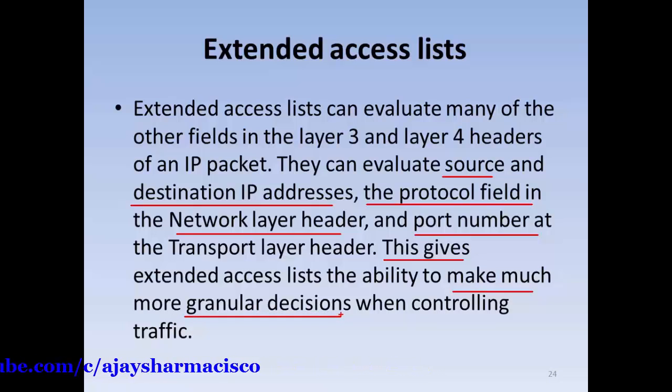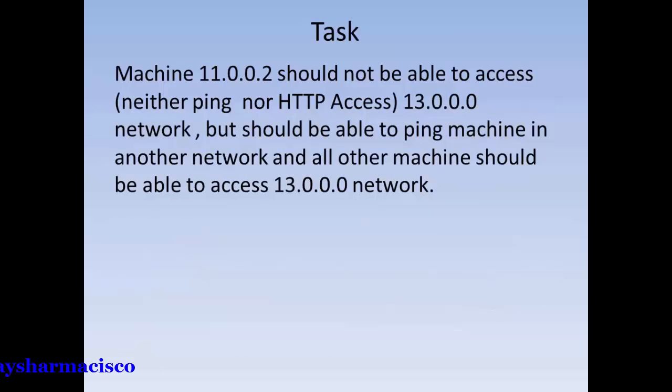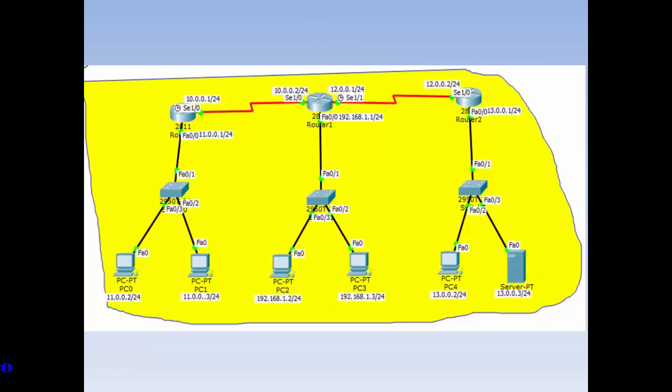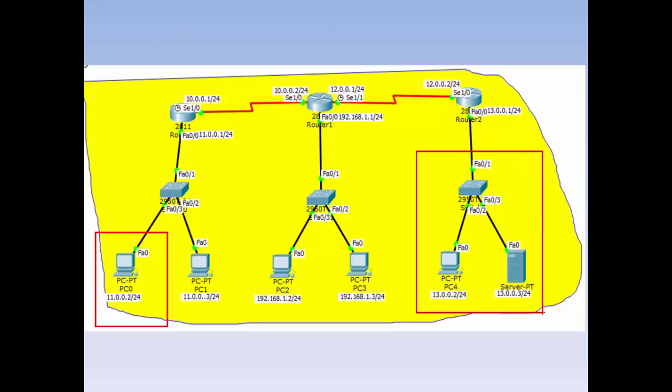Like in the previous practical with the standard access list, if we block this machine from this network, then this machine will not be able to do anything, neither ping nor HTTP access, everything gets blocked.